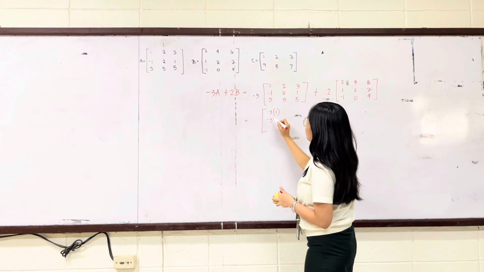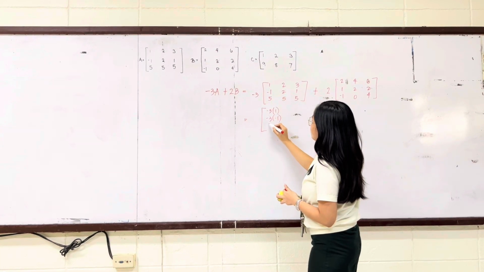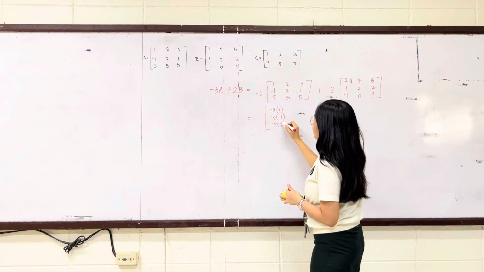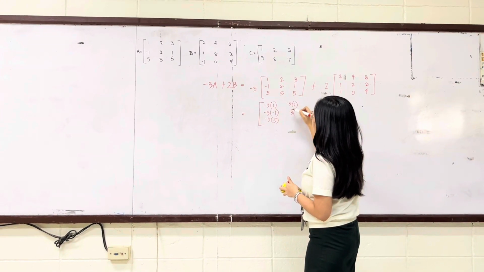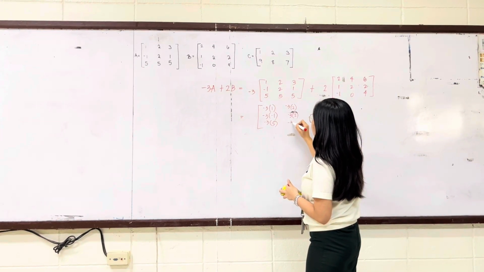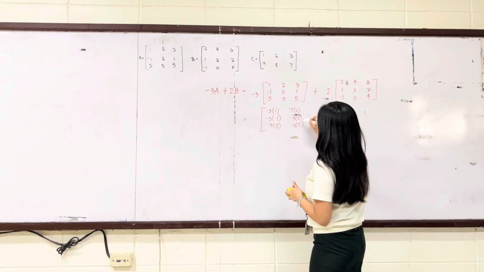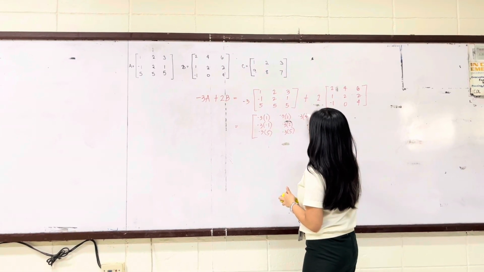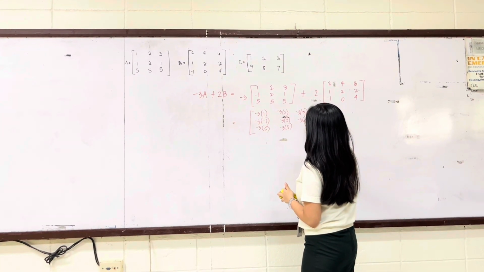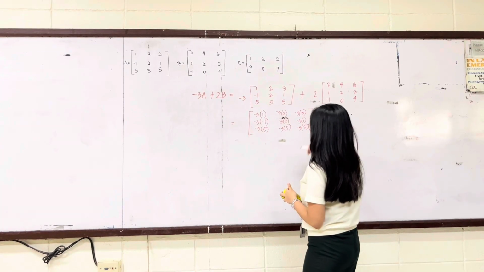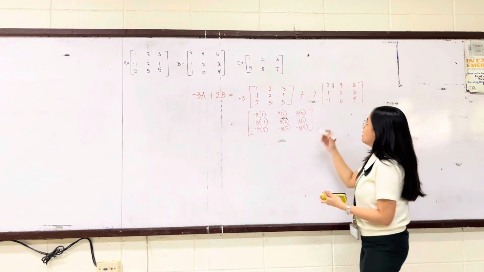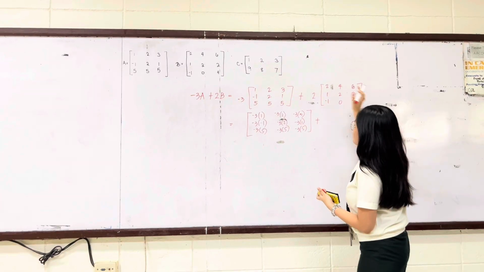Then negative 3 times negative 1, negative 3 times 5, negative 3 times 2, negative 3 times 2, negative 3 times 5, negative 3 times 3, negative 3 times 1, negative 3 times 5. And you can solve it first, but I would like to continue here.